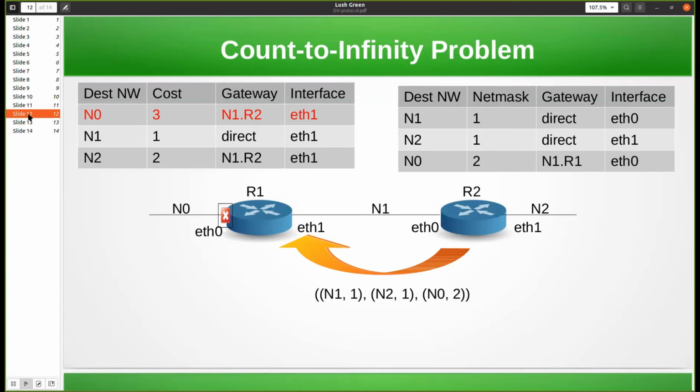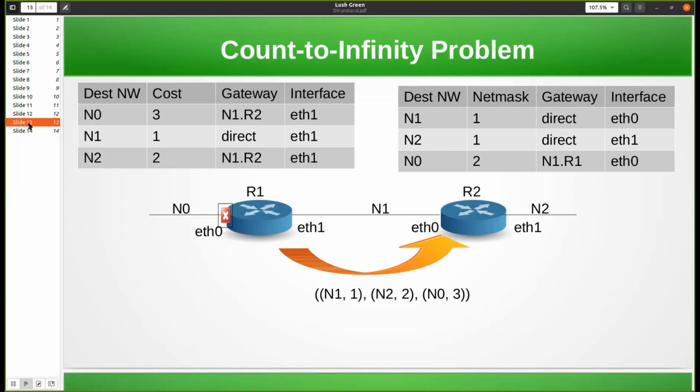gateway as N1.R2 and interface as ETH1. Now, R1 will advertise its routing table to R2. What is it advertising? N1 1, N2 2, and N0 3. What will happen now? This is where the third rule, which we haven't discussed, comes into picture. What does it say? It says that if the same neighbor advertises the same network but with a different cost, you have to update your routing table.